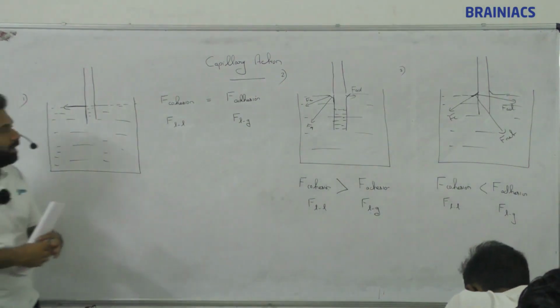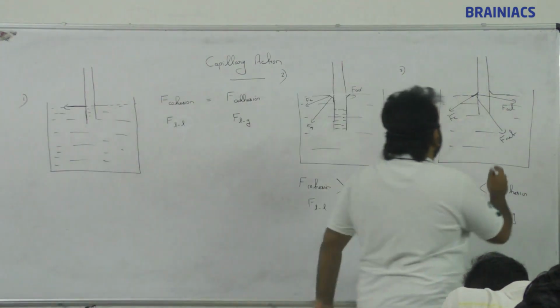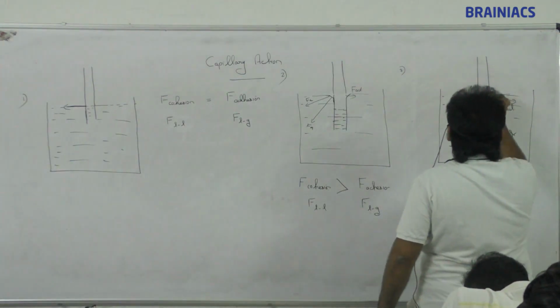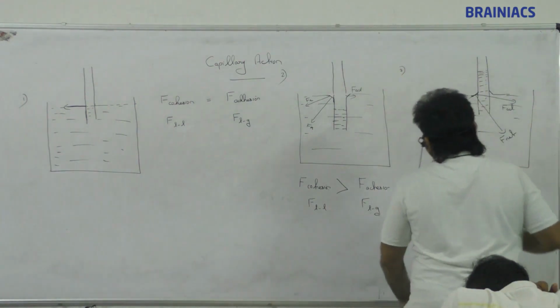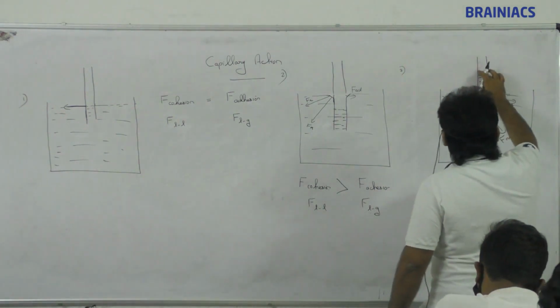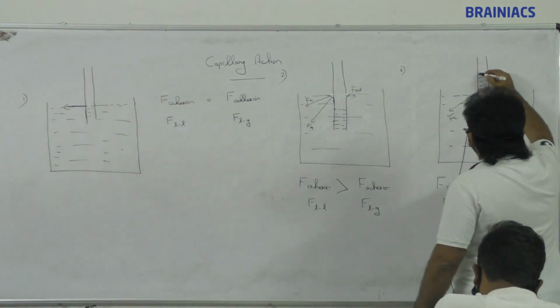Okay, so here what will happen? I did not say this thing. Here what will happen? Capillary rise will happen. And here what will be the shape of the meniscus?